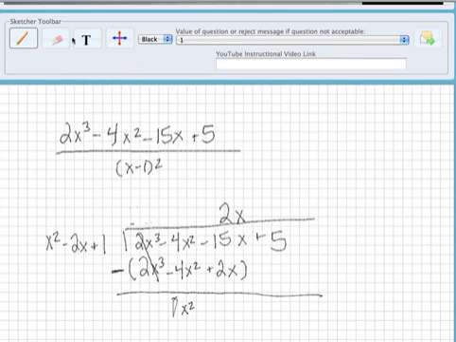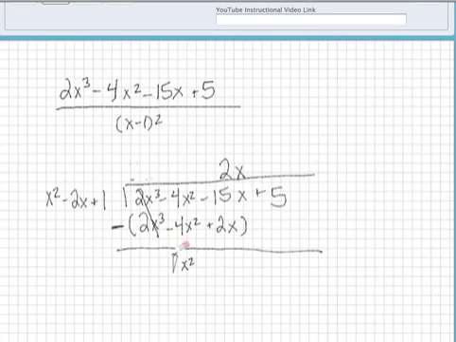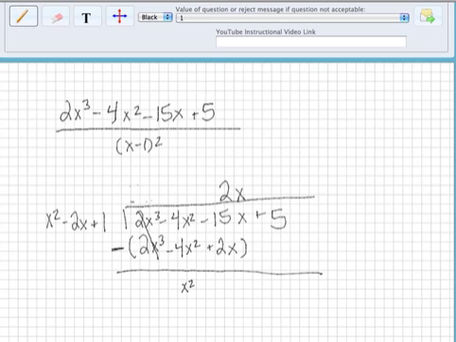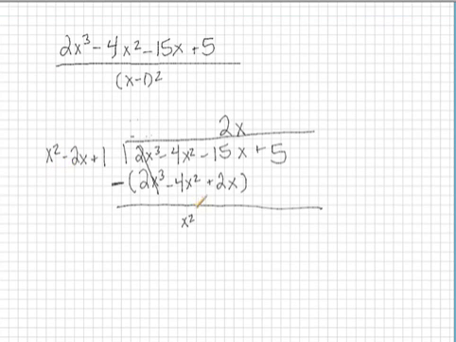Even if it is a 0, go ahead and bring it down because it's going to help you keep track of where you are in the division. There we go. And then negative 15x minus 2x will be negative 17x. Okay, and then the next thing I'm going to want to do is bring down my next term, so that's a 5.